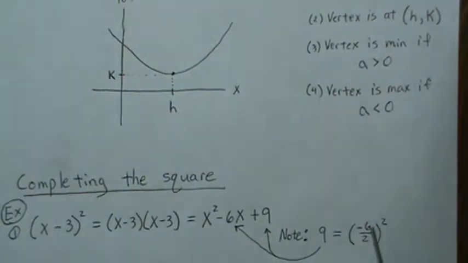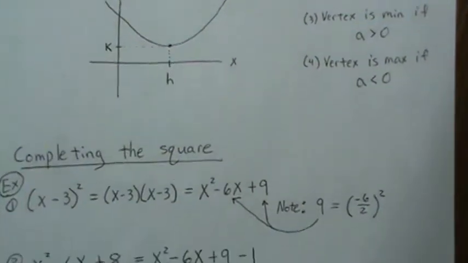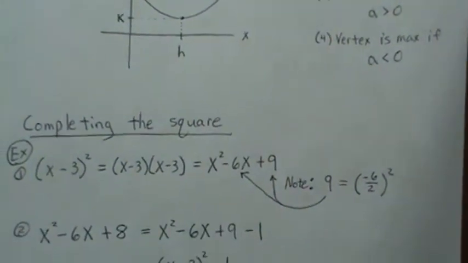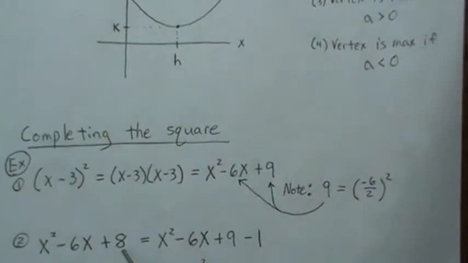So minus 6 divided by 2 is negative 3, and negative 3 squared is 9. That's actually a general rule, and we'll look at that more specifically in a second. So, if we're given this example here, x squared minus 6x plus 8, okay?